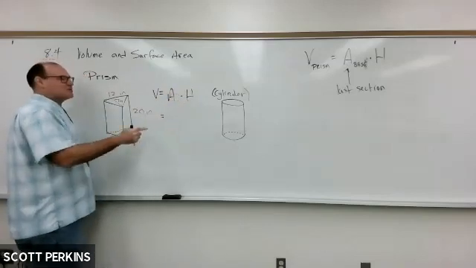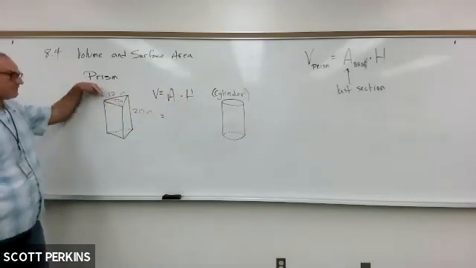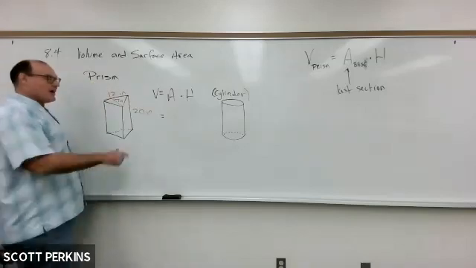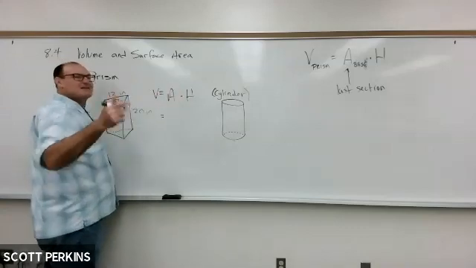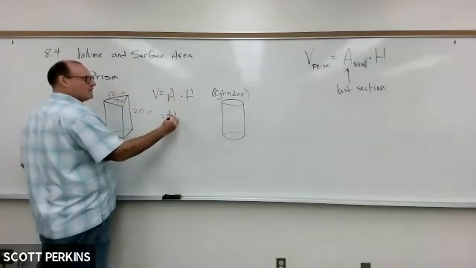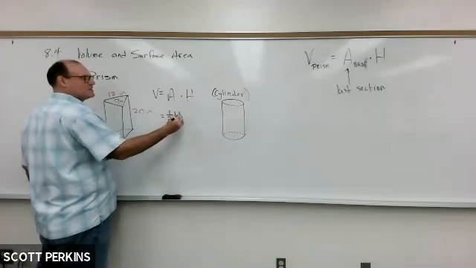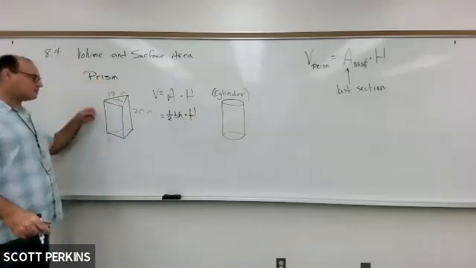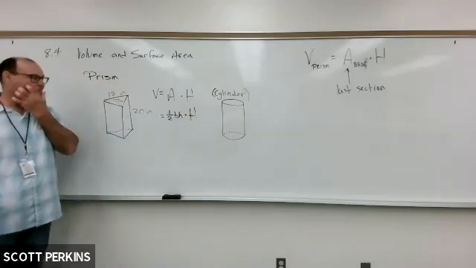Well, my area is my base. What kind of figure is the base? It's a triangle. And the area of a triangle, and you can write less than this if you want when you're doing it, but the area of a triangle is 1/2 the little base of the triangle times the little height of the triangle, and then we'll multiply by the height between the two triangles.